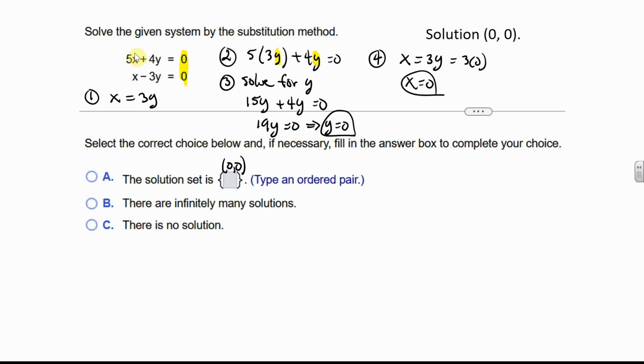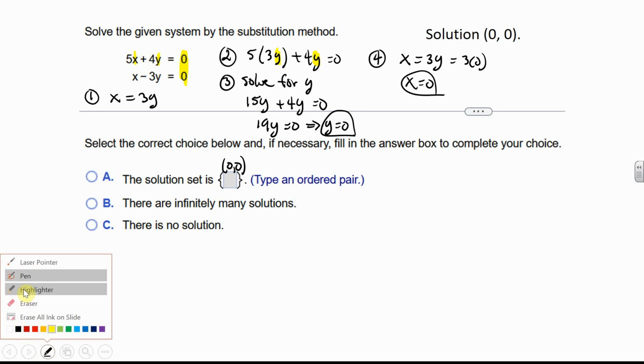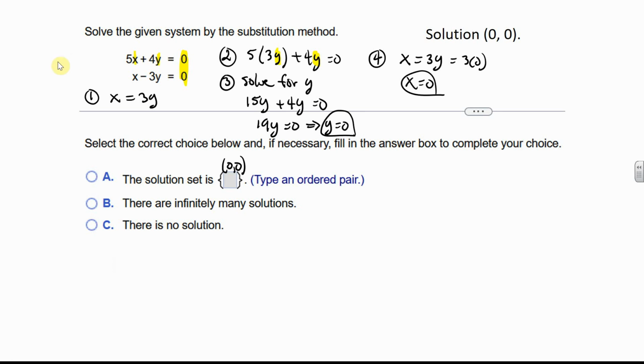If the number of variables, x and y, which is 2, equals the number of equations, right? 2 equations, two unknowns, right? So if I have that, and number 3, all equations equal to 0.